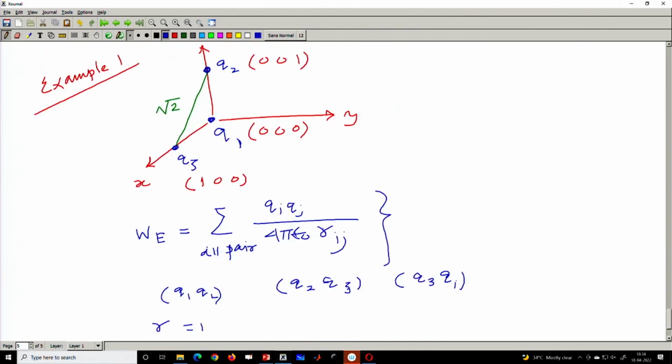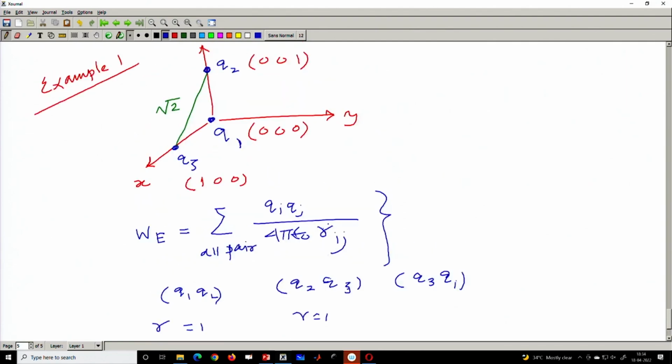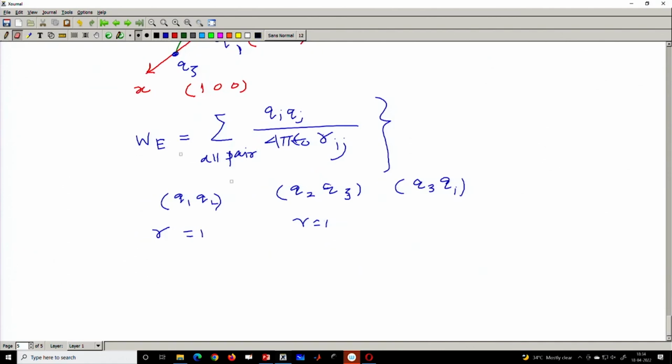For q1 q3, the distance is again 1, and for q3 q2 the distance is root over of 2. So this is 1 2, this is 2 3, and this is 3 1. For 3 1, this is 1.